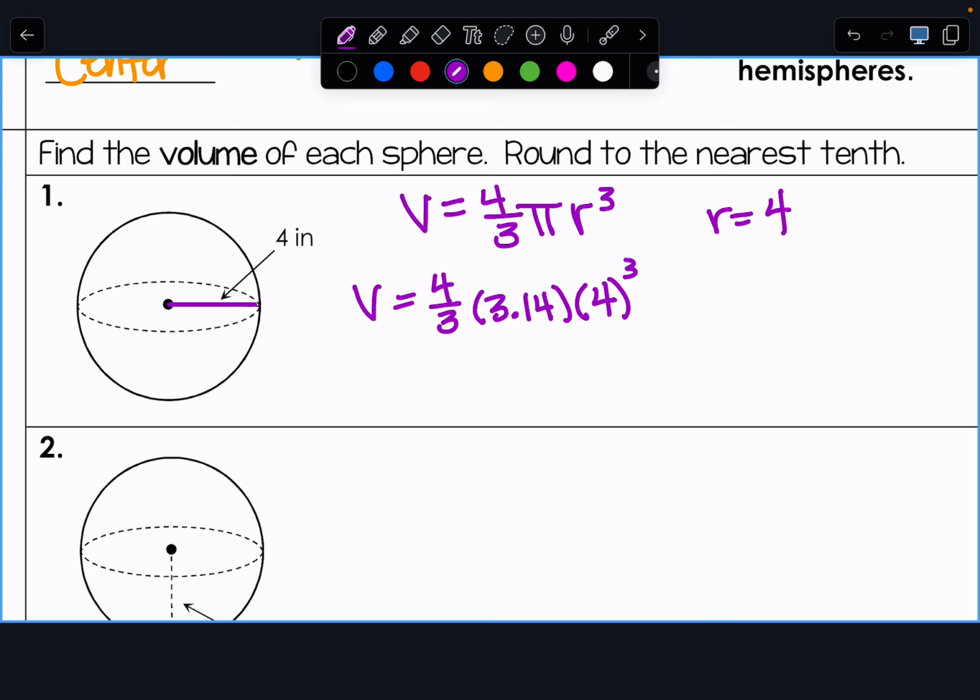Now, I want everybody to drop your pencil, drop your calculator, and listen. First of all, what does 4 to the third power mean? 4 times 4 times 4. Second of all, just like when we did pyramids and cones, I want you to multiply by this fraction very last.